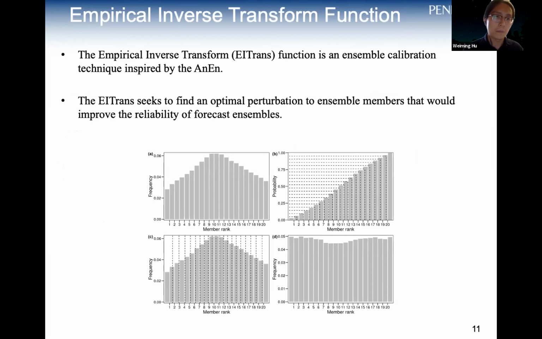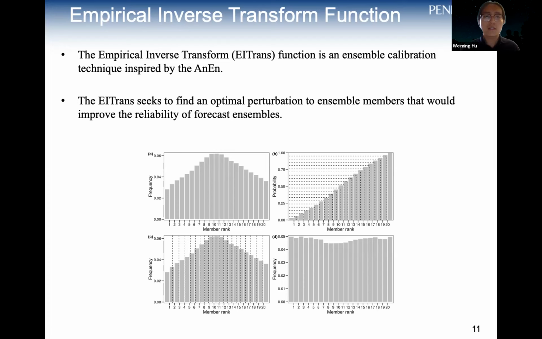That's where EITrans, also the empirical inverse transform function, comes into play. So the EITrans function is an ensemble calibration technique inspired by the analog ensemble. The core idea is that EITrans seeks to find an optimal perturbation to ensemble members that would improve the reliability of forecast ensembles.